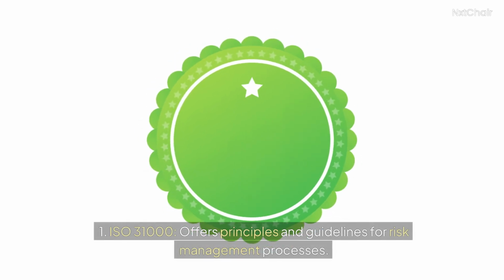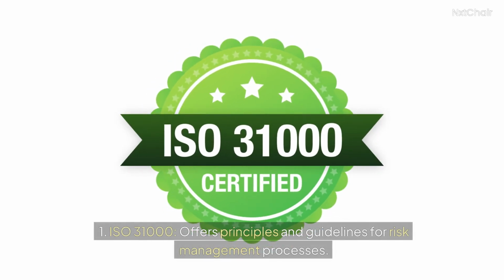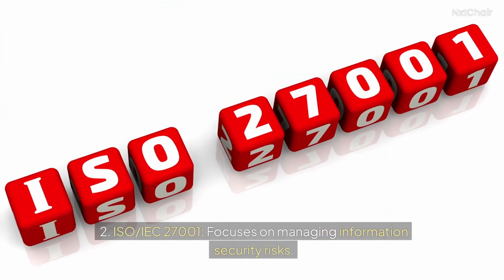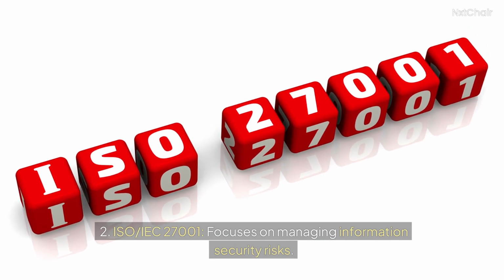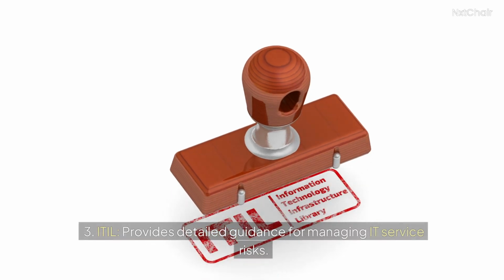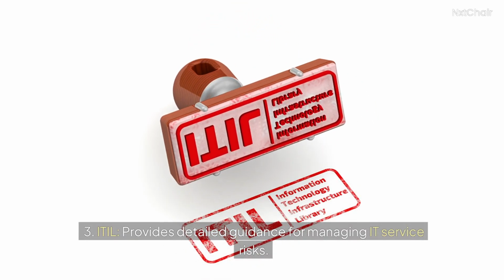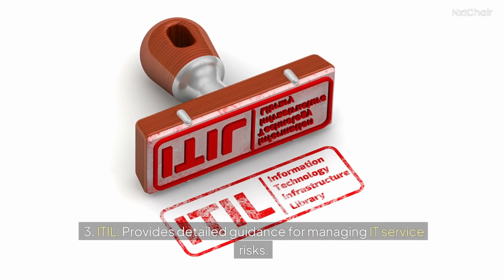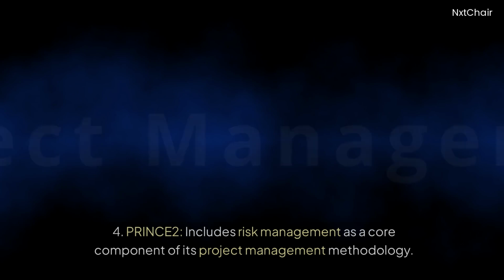1. ISO 31000 offers principles and guidelines for risk management processes. 2. ISO IEC 27001 focuses on managing information security risks. 3. ITIL provides detailed guidance for managing IT service risks. 4.